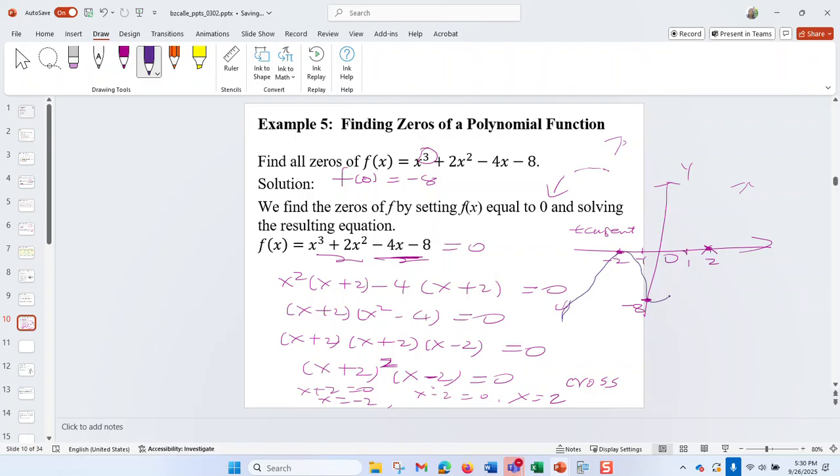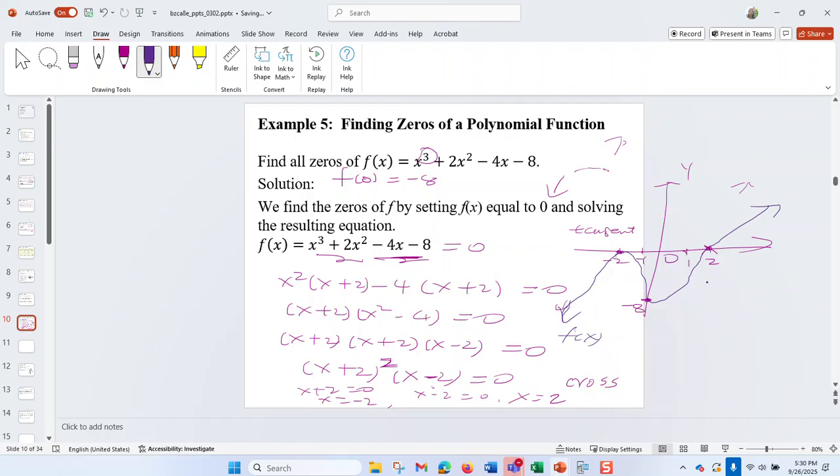Okay, and then it's going to cross this one right here. All right, so that is how the entire cubic f of x looks. Okay, so you can sketch a polynomial without using a calculator.